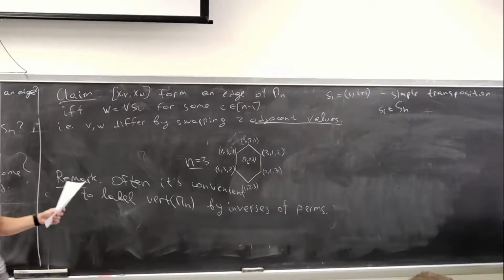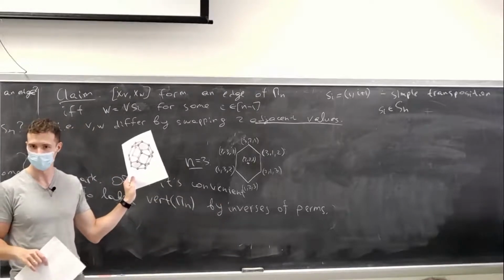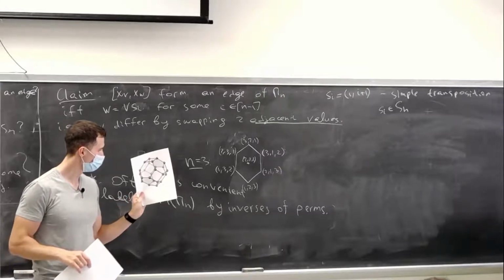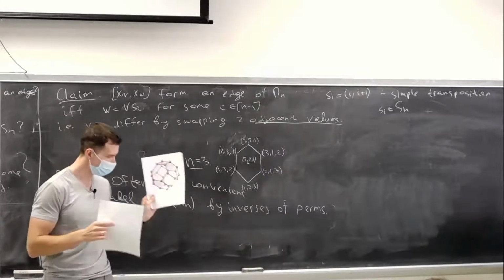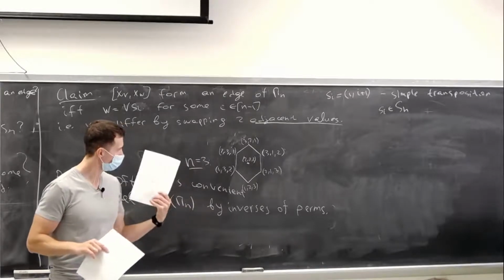But we're not going to do this just yet, but that's where the second picture comes in. In the second picture, the labels are not the coordinates, they are permutations which are inverses of the coordinate permutation.